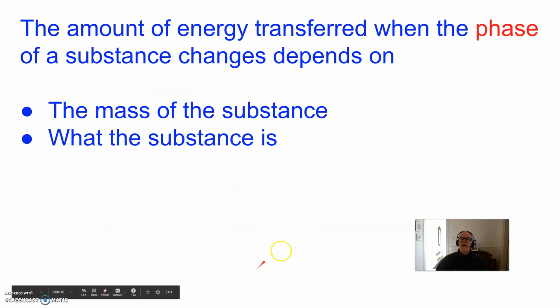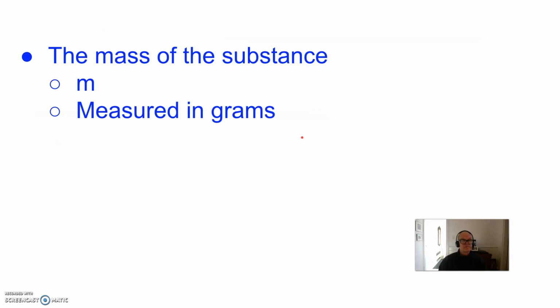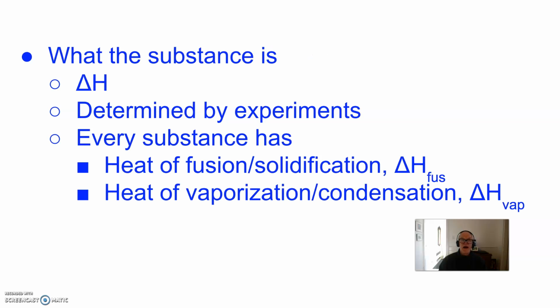Let's talk about a phase change and how we can calculate the energy transferred during a phase change. It depends on mass. It takes more energy to change the phase of something that's big than something that's little. And it also depends on what substance it is that we're talking about. Mass is designated by the letter M. It's measured in grams for our problems.